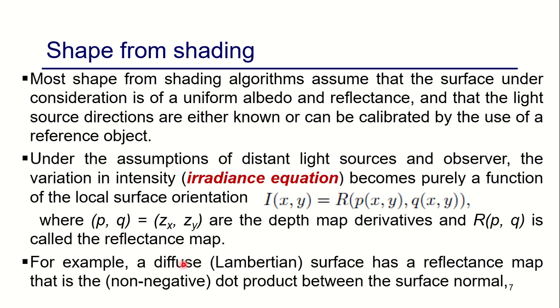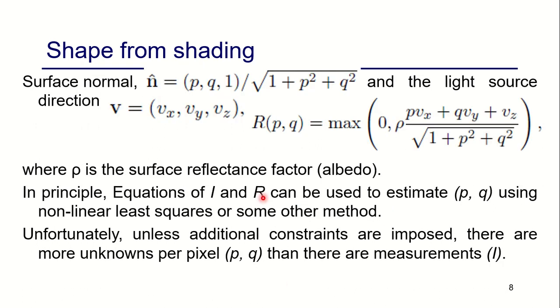For example, a diffuse surface, which is also called a Lambertian surface, has a reflectance map that is the non-negative dot product between the surface normal n cap, which is (p, q, 1) divided by the square root of 1 plus p squared plus q squared, and the light source direction given by v.